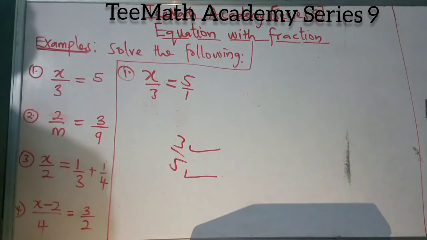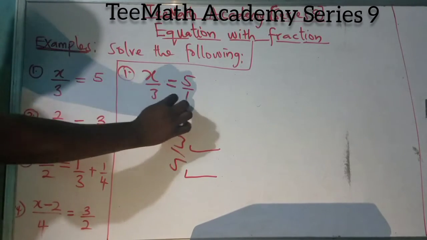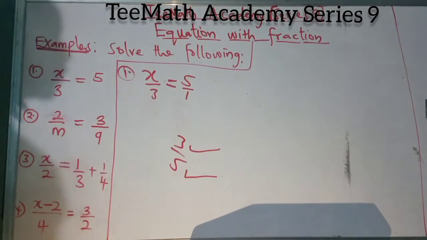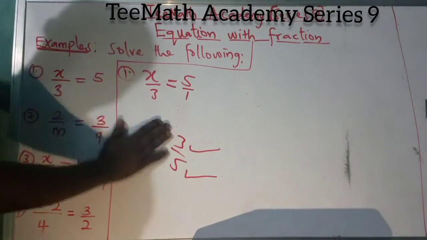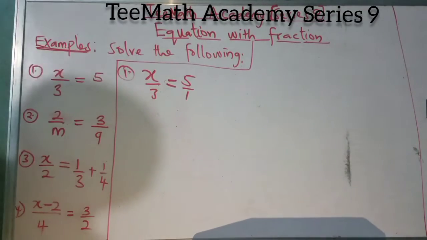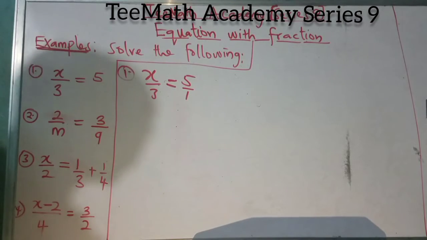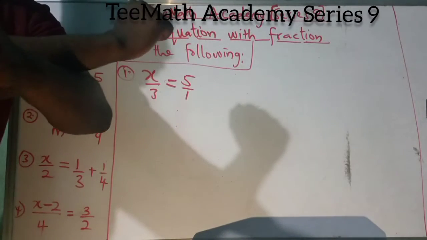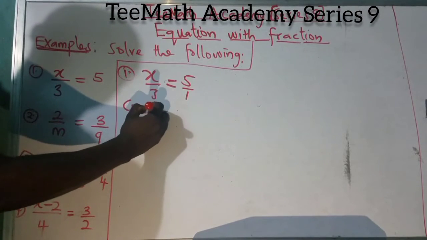So when you have a fraction here with a denominator, and on the other side also a denominator, what do you do? That is when you cross multiply. From the English language, we say crossing multiply, not straight multiply, not a normal multiplication.